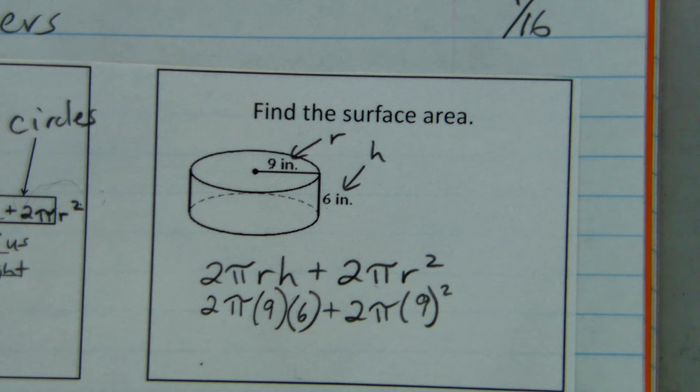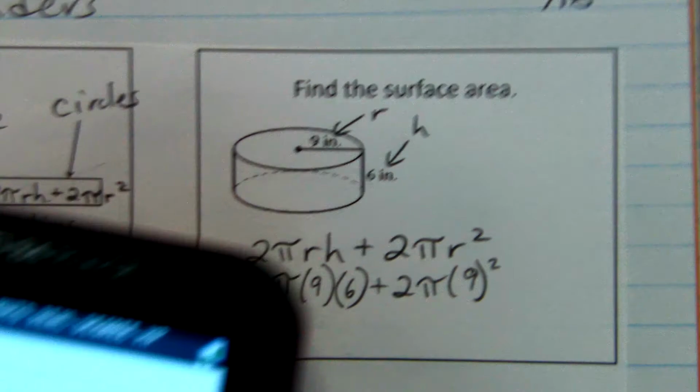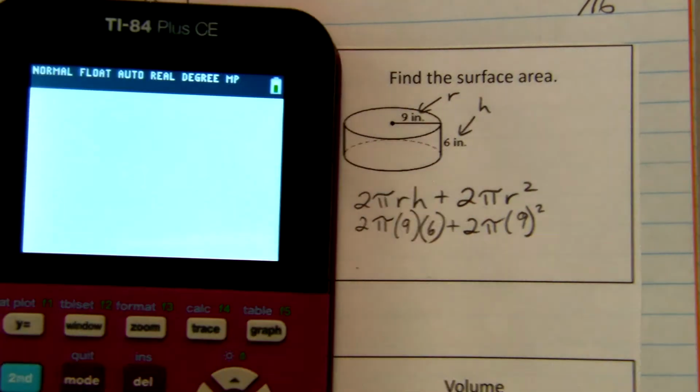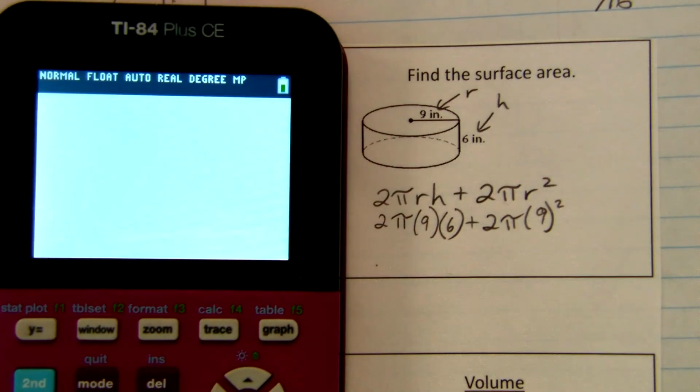Okay? And for the most part, we could just type this into our calculator. So let me go through that. And I'm just going to use the pi key, but realize if you were on a standardized test and they told you to use 3.14, you would want to do that.